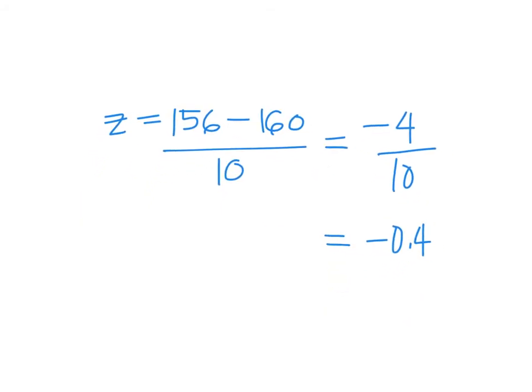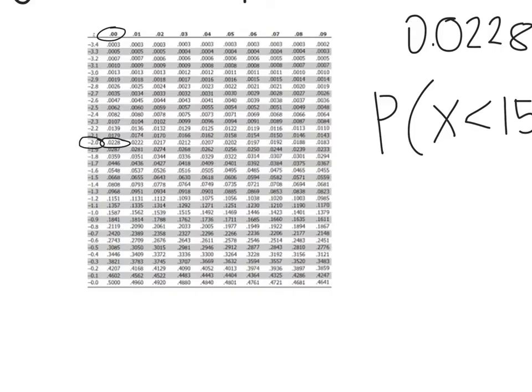Again, you have to refer to the z table by using z equals negative 0.4. So for negative 0.4, that's negative 0.4 and 0.00.